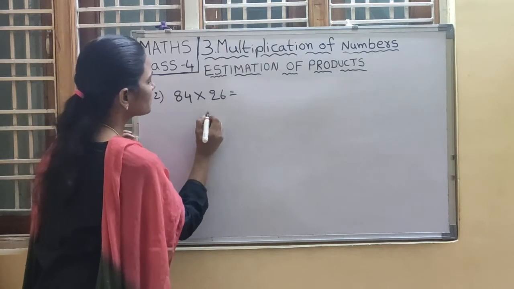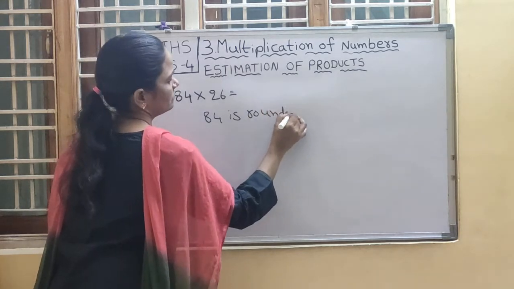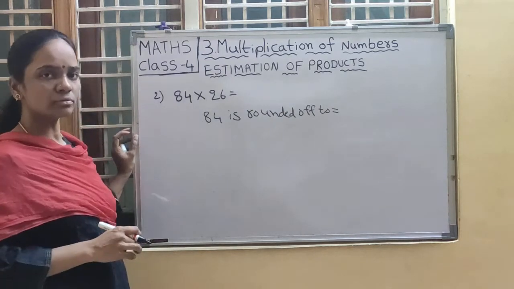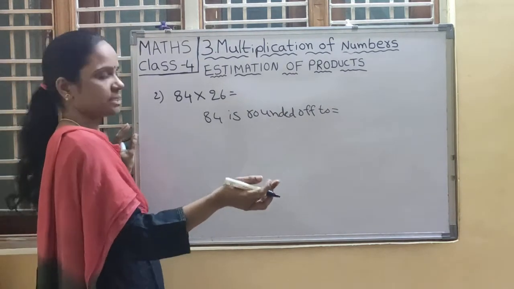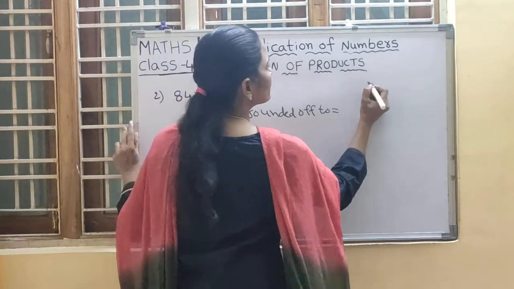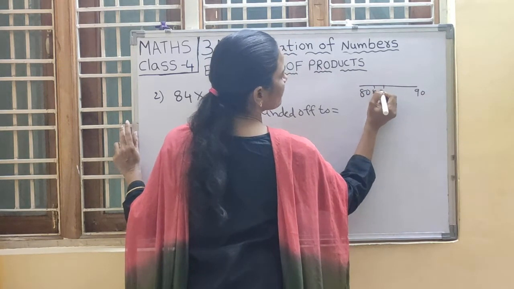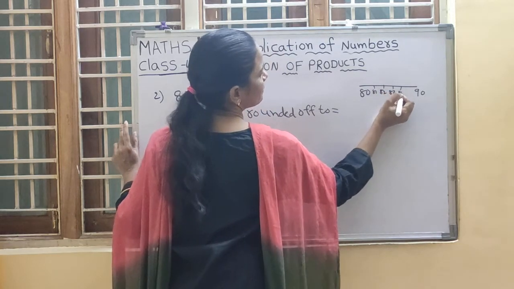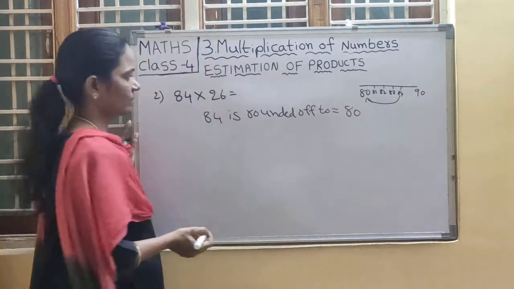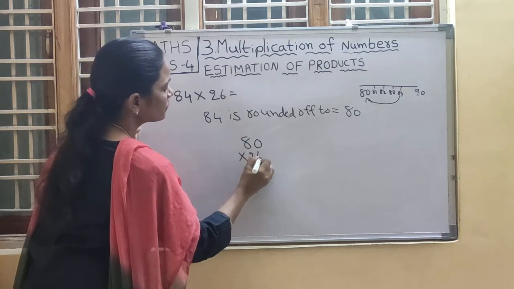First, 84 is a 2-digit number, so we have to take the nearest tens place. So 84 is rounded off to which number, children? Very good. We know that it is between 80 and 90. 81, 82, 83, here 84 will come. So it is rounded off to 80. Okay children? So now take the estimated product, 80 into 26.